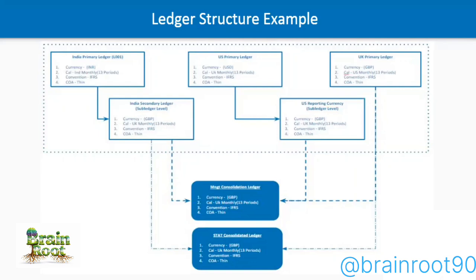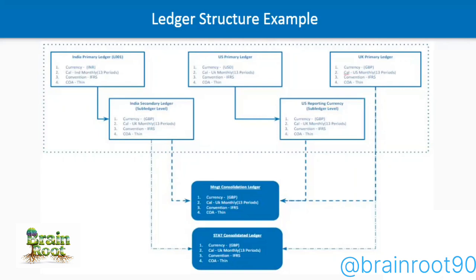Now you see the dotted line. Let's focus on the consolidation ledger. In this consolidation ledger, we are bringing the values from where? We are bringing the values from the head office, which is the UK primary ledger, from the US reporting currency, and from the India secondary ledger.